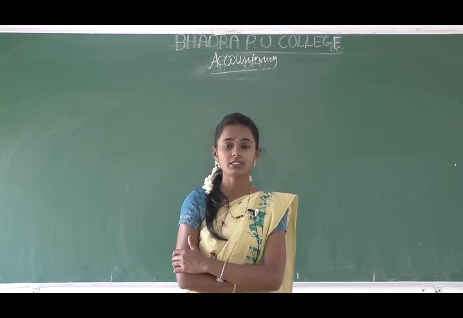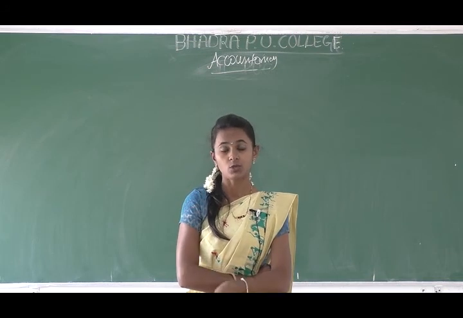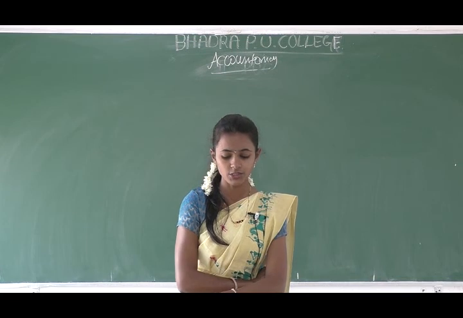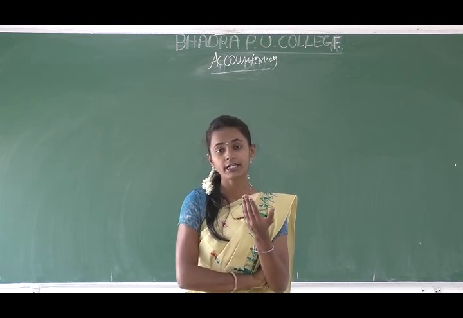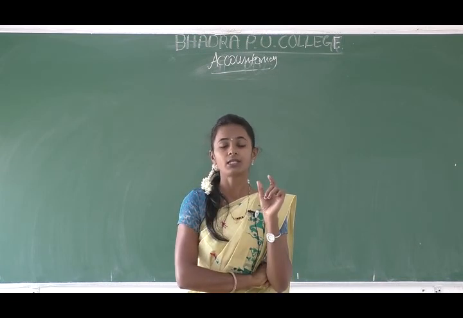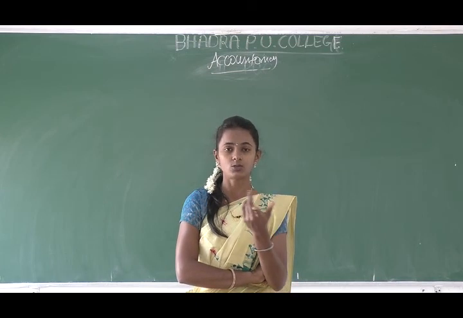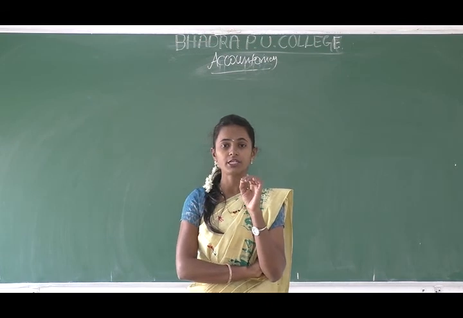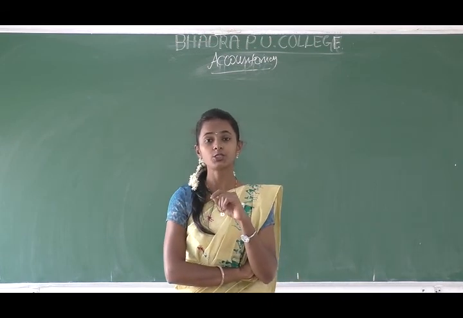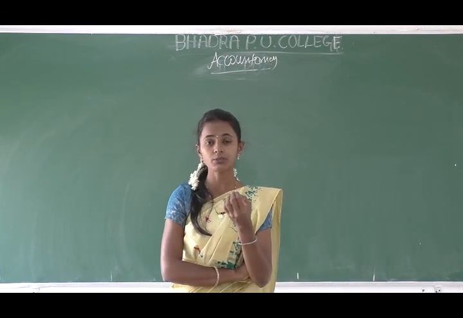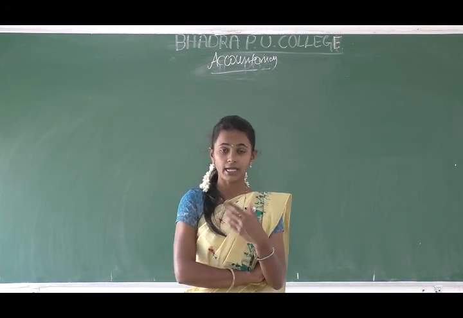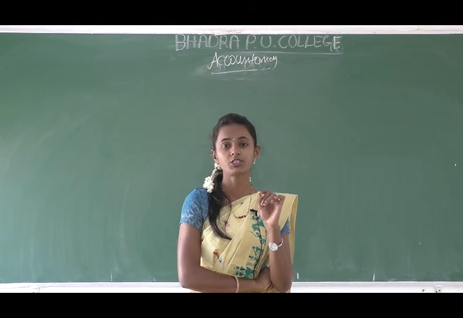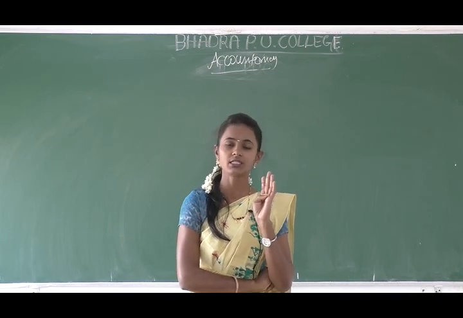The solvency ratio is the ratio which expresses the relationship between long term debt and the shareholders fund. That ratio is called the solvency ratio. Once again I will repeat: the ratio which expresses the relationship between the long term debt and the shareholders fund is called the solvency ratio.